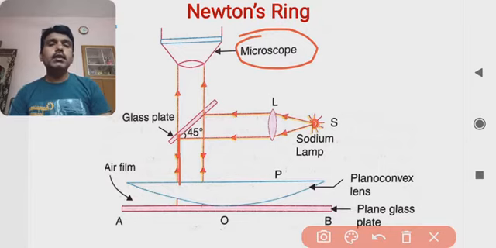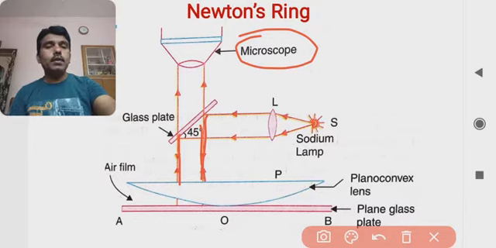When the rays are incident on this 45-degree glass plate, not all the rays emerge out, but the maximum number of light rays go downwards. After being incident on this plano-convex lens, reflected rays will come out in the same direction.